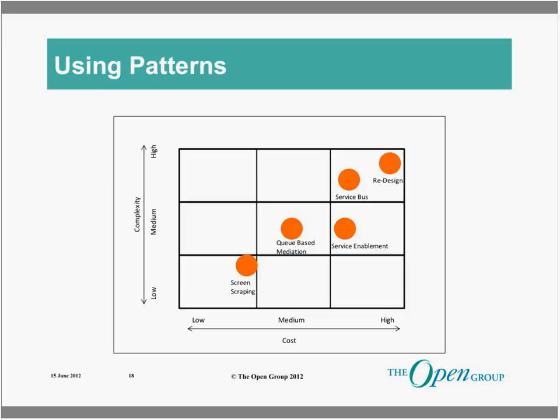What you actually see is that if you look at directly related SOA patterns like Service Bus or redesign, SOA enablement is at high cost and medium to high complexity. But the result is a supported infrastructure on an enterprise or solution level, while screen scraping or queue-based mediation is more or less system or provider-based.